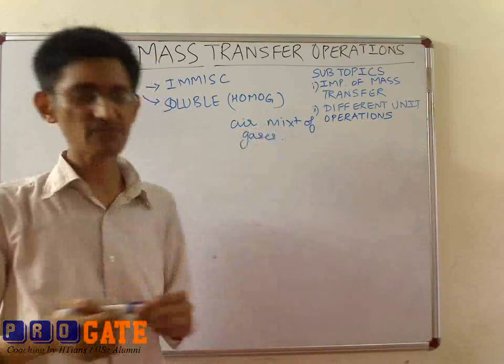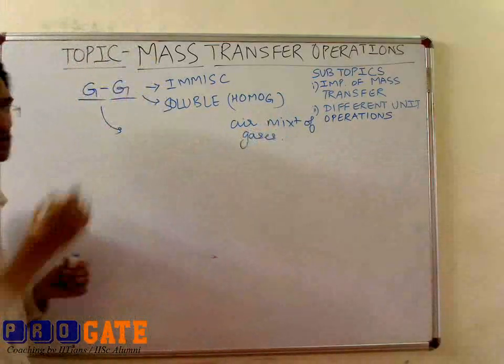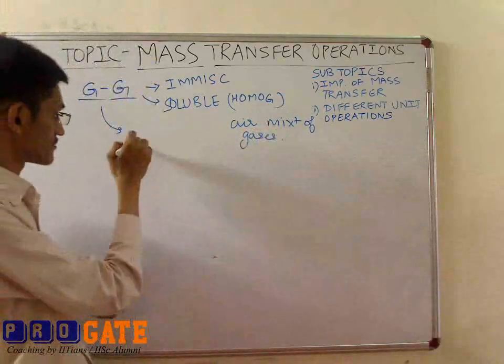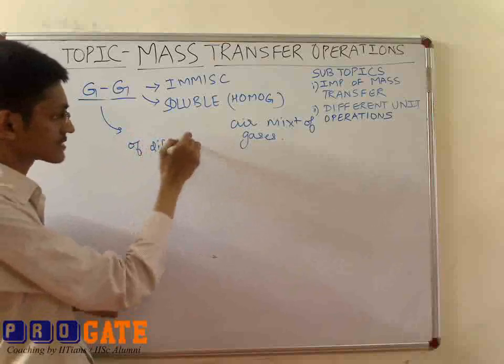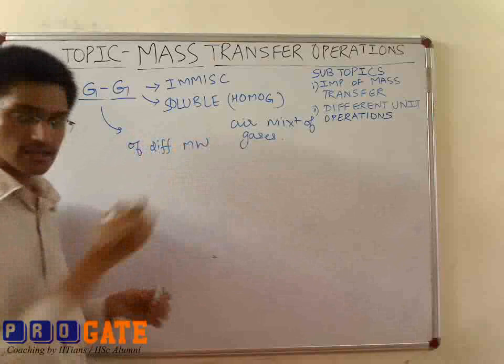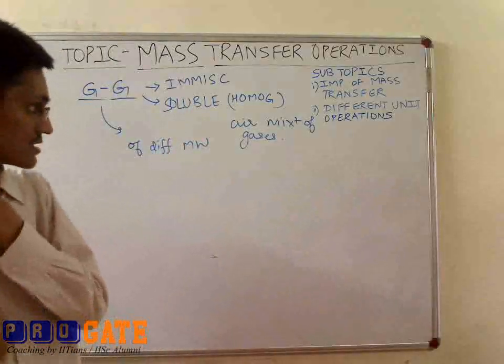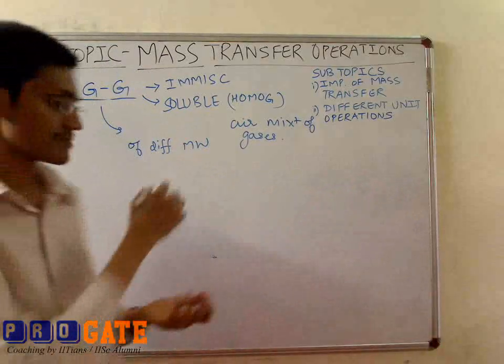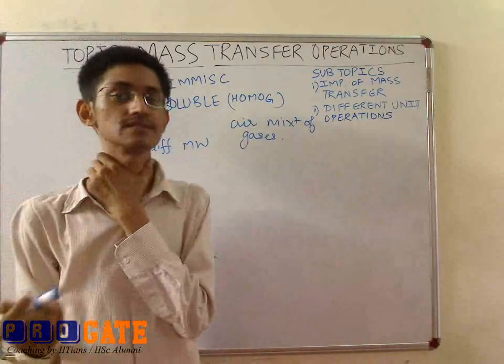So as such, we don't normally have 2 immiscible phases, but still the separation is possible when we have 2 or more gases that are chemically different, that is, of different molecular weights and chemical structure. If we want to separate these gases, one of the unit operations may be passing through a microporous membrane. These membranes consist of pores of different sizes.